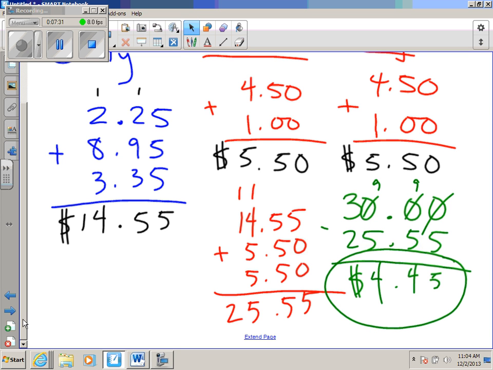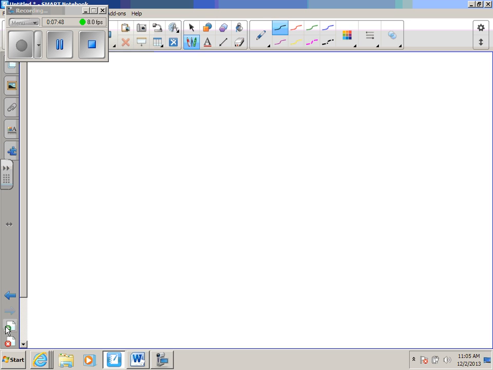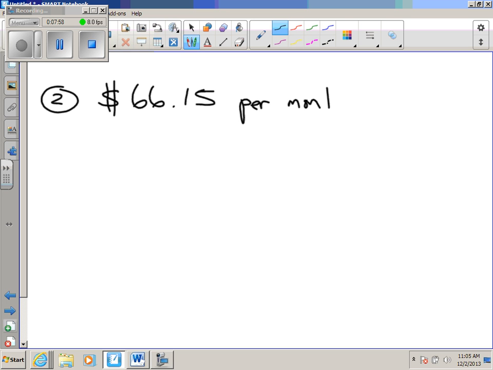How much does each person save on the cost of the membership per month? Okay. What is it that we know? We know that it costs $66.15 per month.